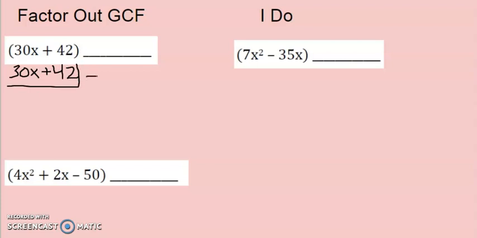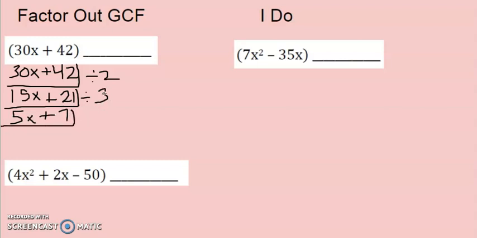They both go into 2. 30 divided by 2 is 15, so I have 15x. 42 divided by 2 is 21. There are no more 2's that could go into these numbers, so let's try 3. 15x divided by 3 is 5x. 21 divided by 3 is 7.